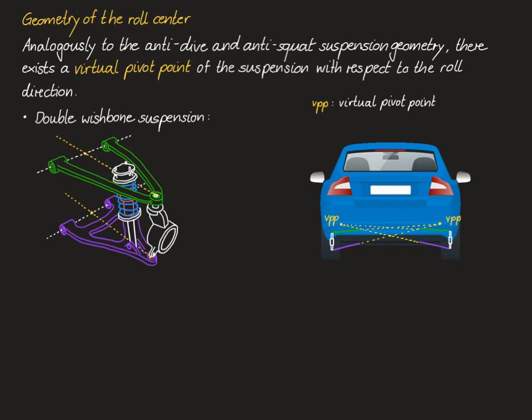Or specifically, if the left wheel was fixed, then the chassis would pivot around the left pivot point, and if the right wheel was fixed, then the chassis would pivot around the right pivot point. Now, obviously, the chassis cannot pivot around both virtual pivot points, but also the 2 wheels are not really fixed.